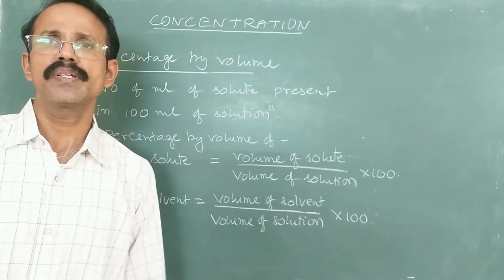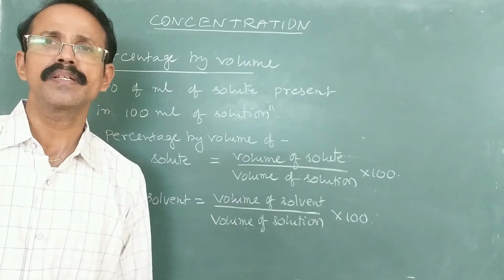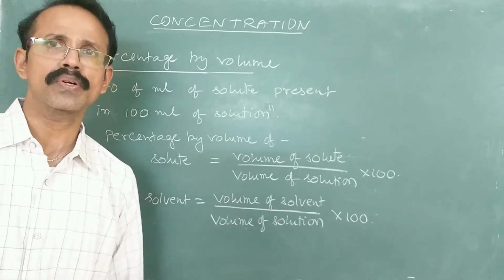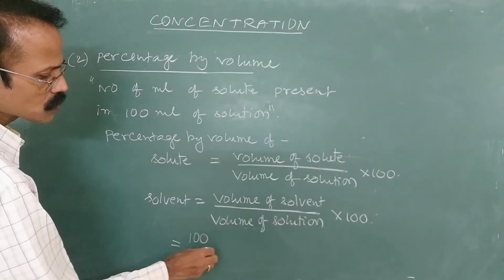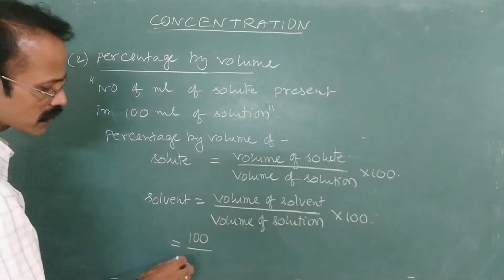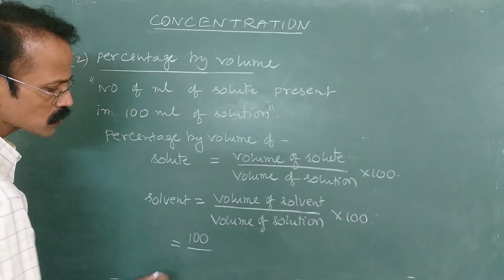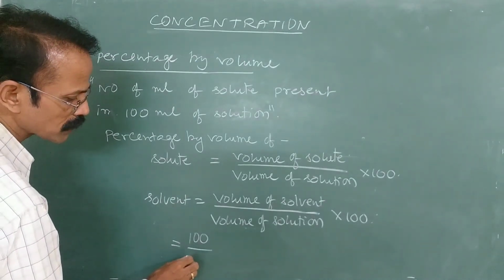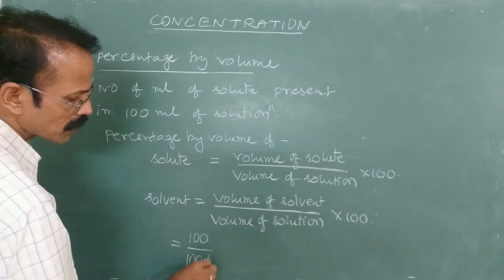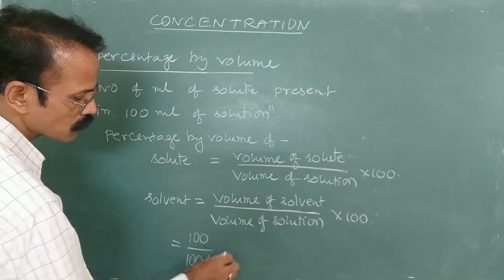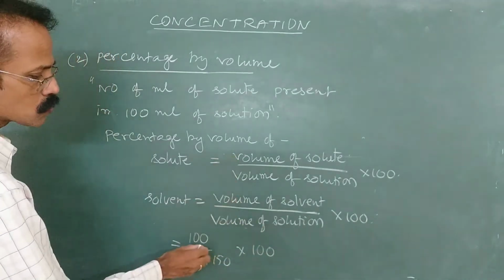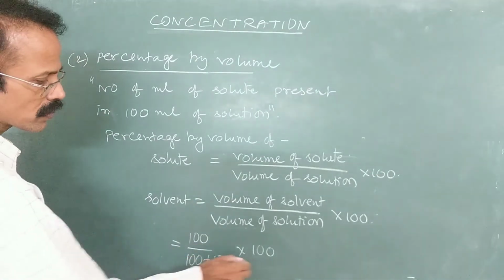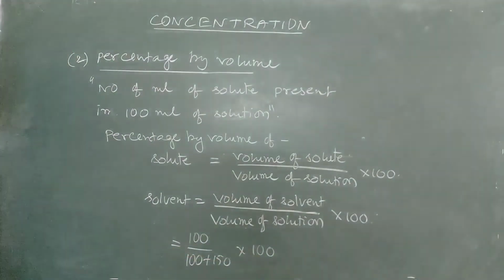So in this case, what is the percentage by volume of solute? 100 milliliters of solute are dissolved in 150 milliliters of solvent, so that the total volume becomes 250 milliliters. This is the volume of solute, this is the volume of the solution, into 100, so that will give the percentage.